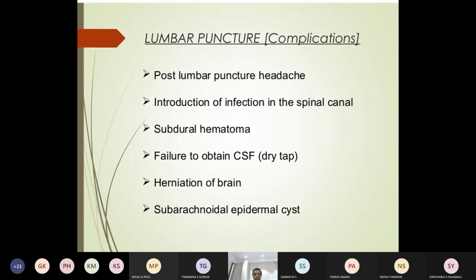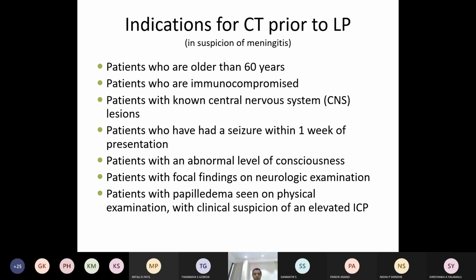All these complications I already told you: post lumbar puncture headache, introduction of infection into the spinal canal, subdural hematoma, failure to obtain CSF, dry tap, herniations. These were already covered earlier. Again, it adds one or two points.